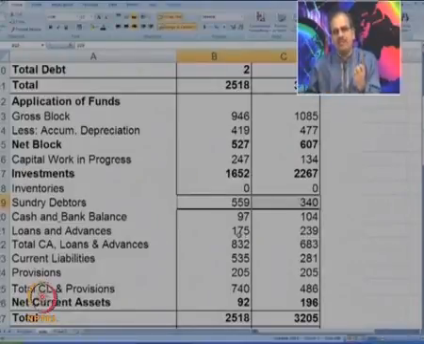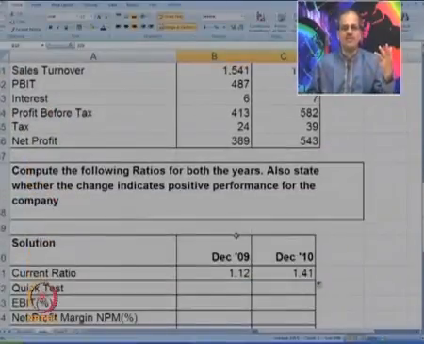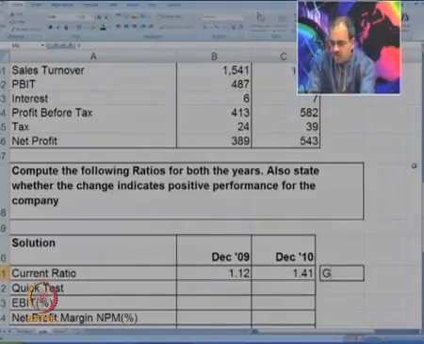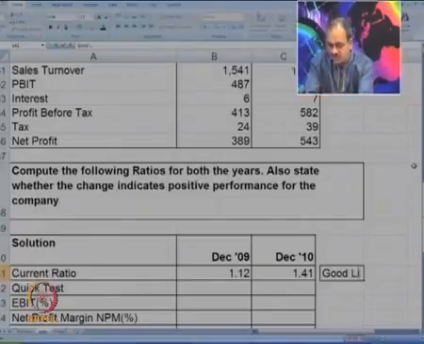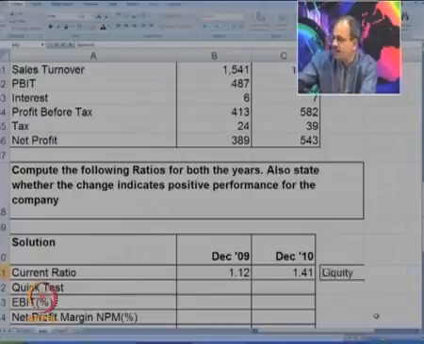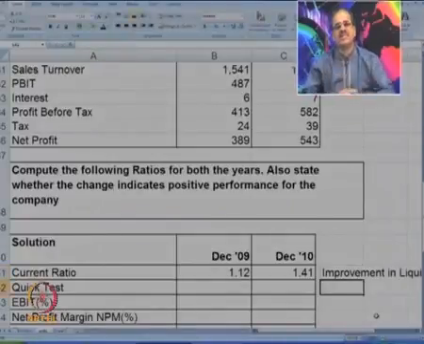The debtors have come down, despite that they have improved their current ratio. So it's a very good sign. It shows good liquidity position. Instead of good, I think I'll specifically say improvement. That will make better sense for everyone. So there is an improvement in liquidity position, as you can see.